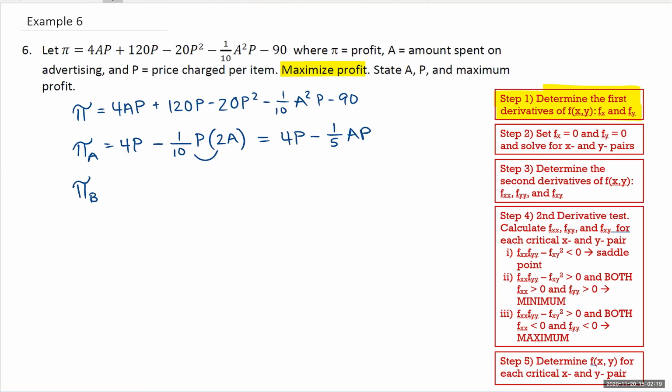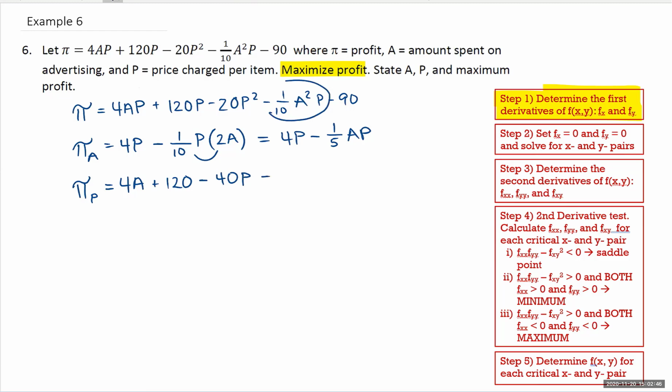Now the derivative with respect to P is going to be, for the first term, I have 4AP, the derivative becomes 4A. For the second term, my 120P, the derivative becomes 120. For the third term, negative 20P squared, the derivative becomes negative 40P.